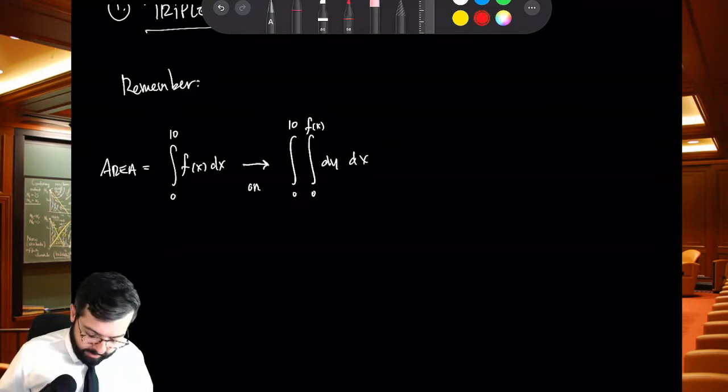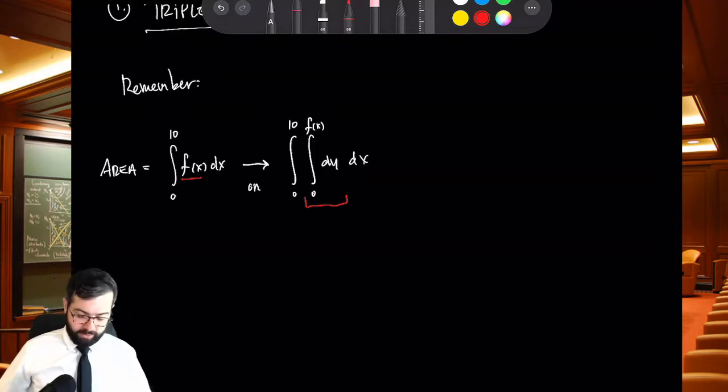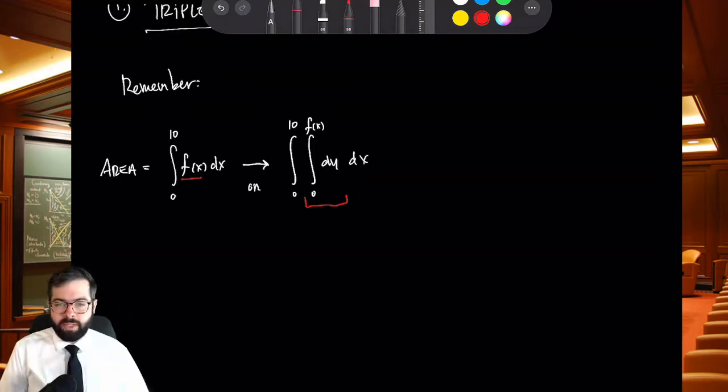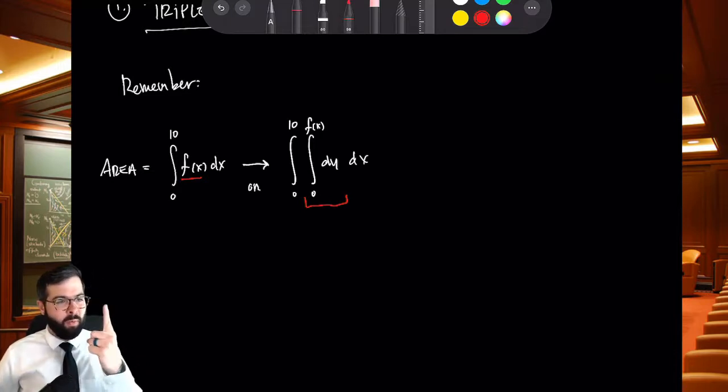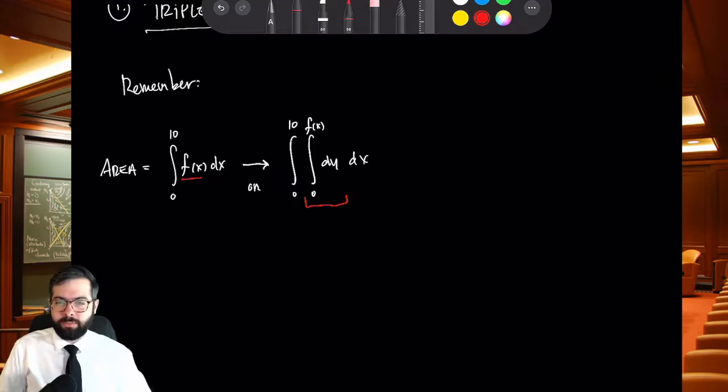Right, where this integral here, with some help from the fundamental theorem of calculus, has taken the place of that. So we swap out and say, well, this would be the area of a region where we're just integrating 1, and we integrate dy from 0 to f of x.